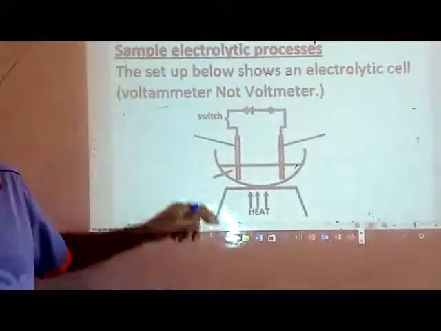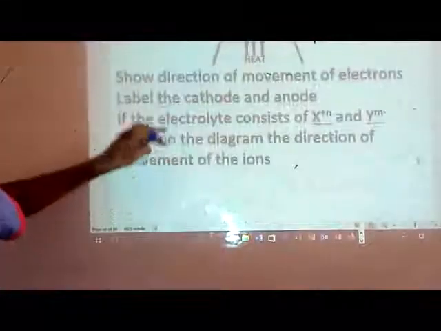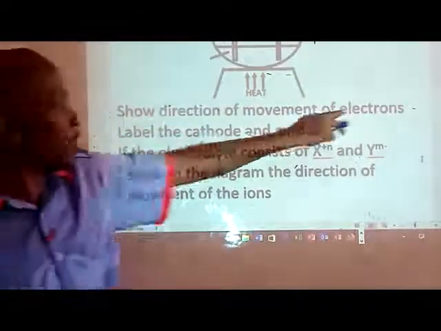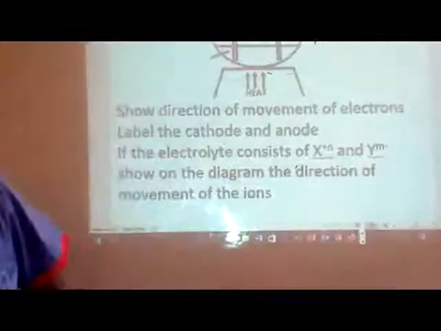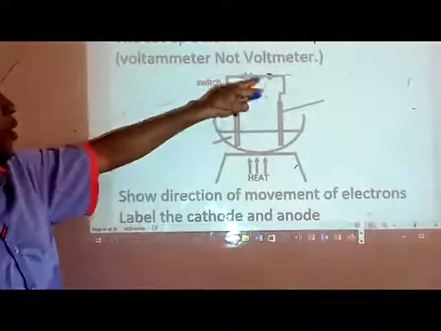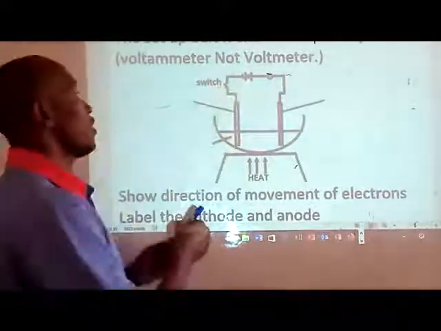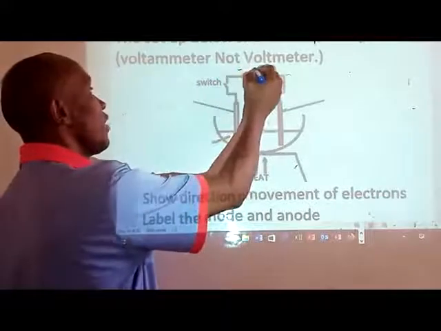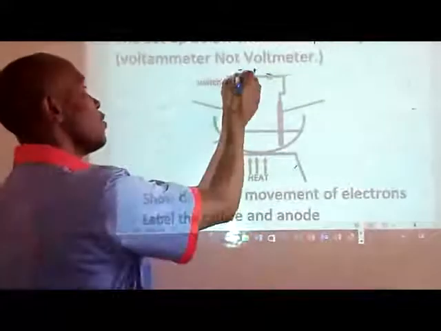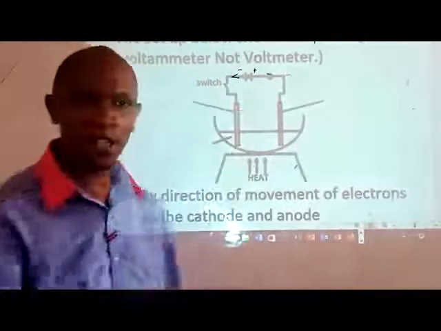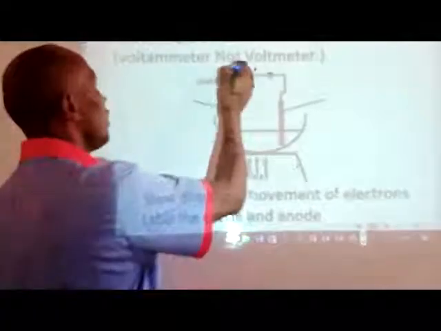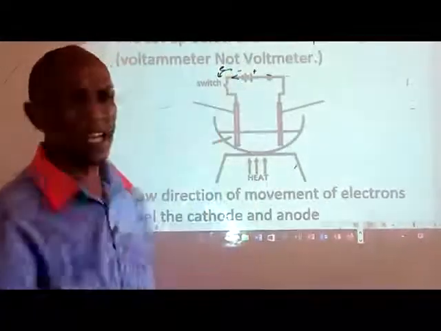Now supposing, let's look at the question. Show the direction of movement of electrons. Electrons, you've said, move from the negative to the positive. So this is the negative, that is the positive. So electrons will move in that direction. And know that electrons move in wires. If you write something like that, it is wrong.